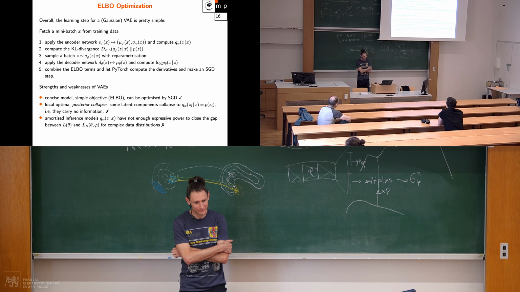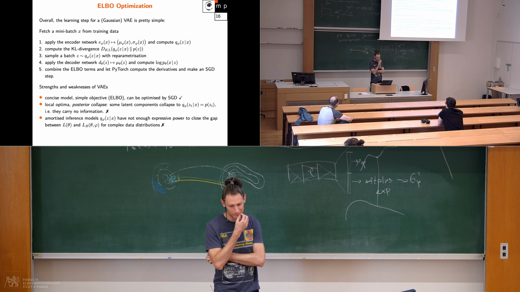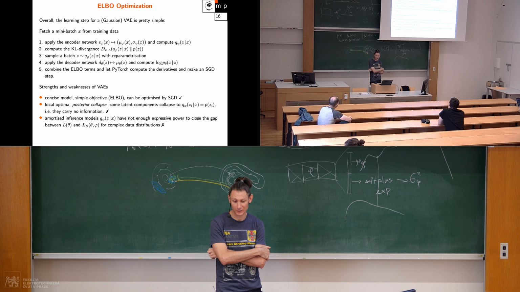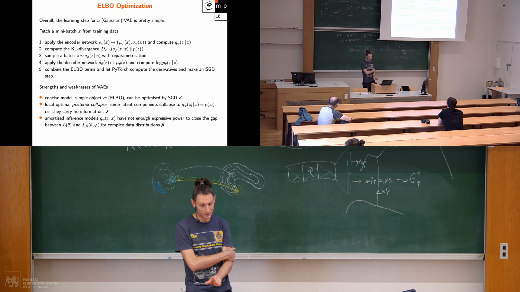So overall, how this variational autoencoder is learned is pretty simple. We sample a mini batch of training data, we apply the encoder network to get the mean and variance parameters.